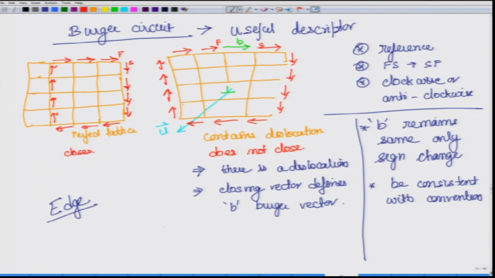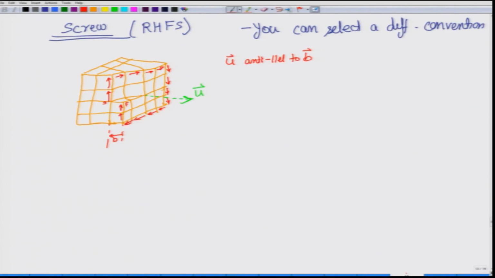Over there what you observed was that the Burgers vector was perpendicular to U. This is something common, and this is what will distinguish between edge and screw. So, coming back to our current topic, the screw dislocation, here U is anti-parallel to B. The Burgers vector will remain the same, only the sign will change depending on the convention.